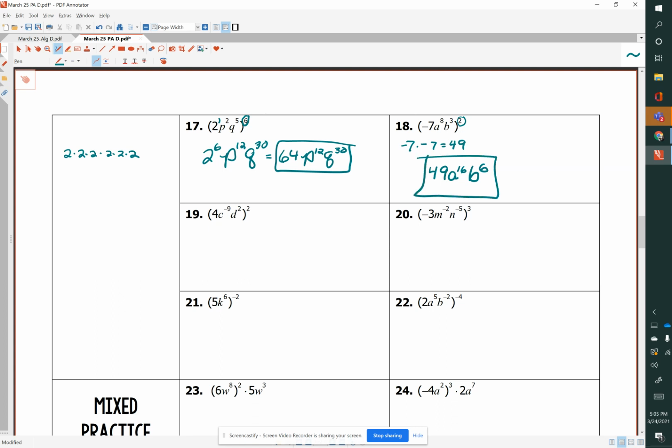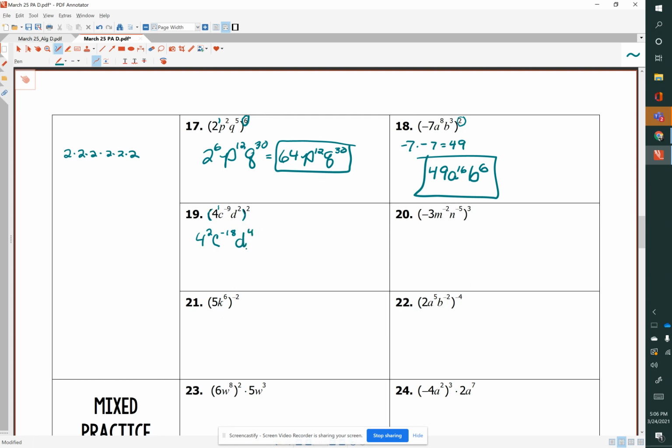And then number 19, we have 4, and there's an invisible exponent of 1 there, c to the negative ninth power, d to the second power, and then all of that inside the parentheses is raised to the second power. So we'll have 4, 1 times 2 is 2, c, negative 9 times 2 is negative 18, d, 2 times 2 is 4.